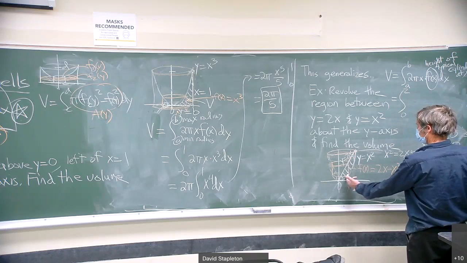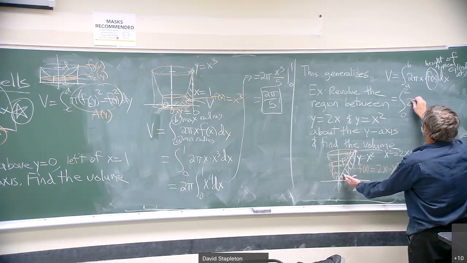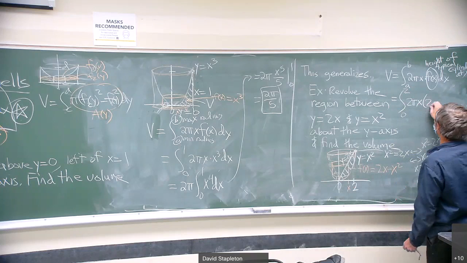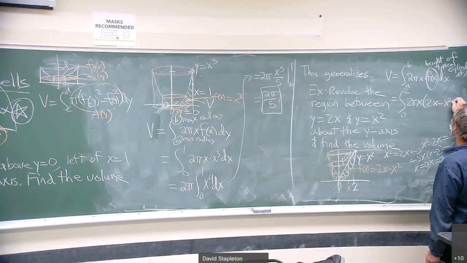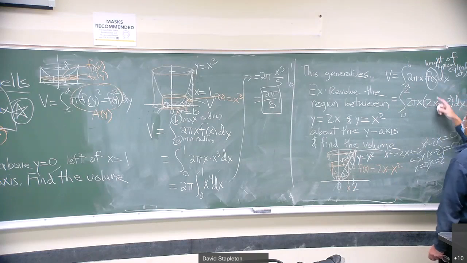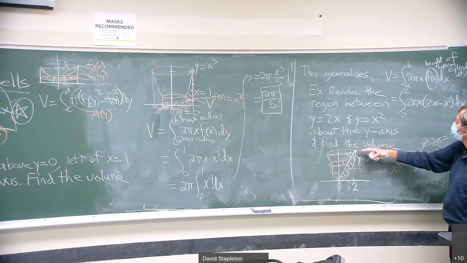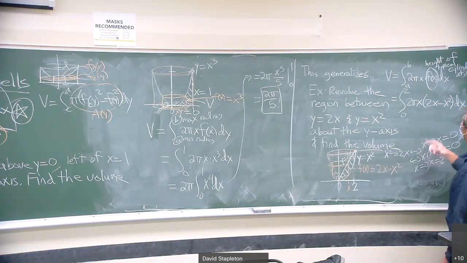And at x, what you had was 2 pi radius x and height 2x minus x squared. So despite that they just give you that one formula, if you replace f of x, instead of the height above the x-axis, with the height of the typical cylinder, you get this formula.